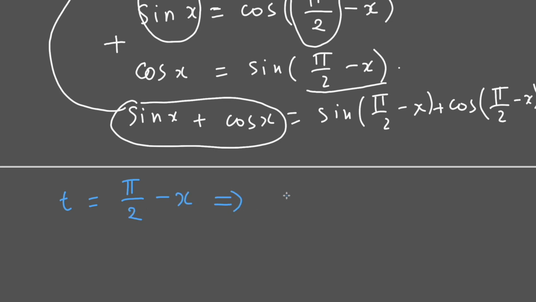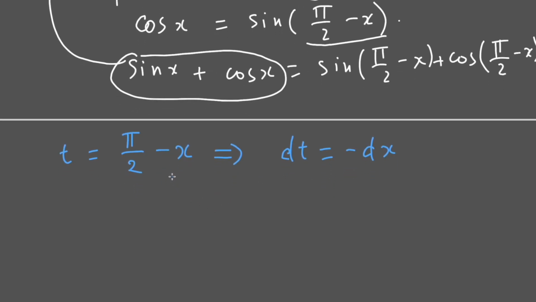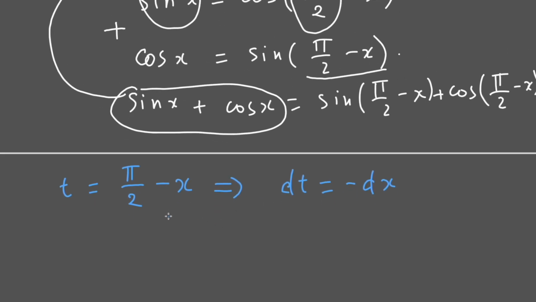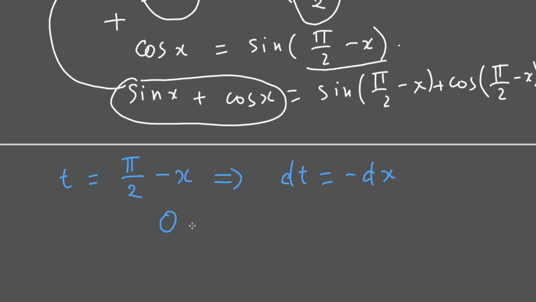So dt will be equal to negative dx. And the domain of this will be 0 to pi over 2.